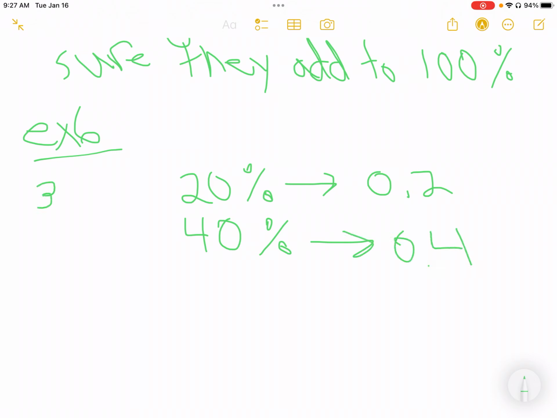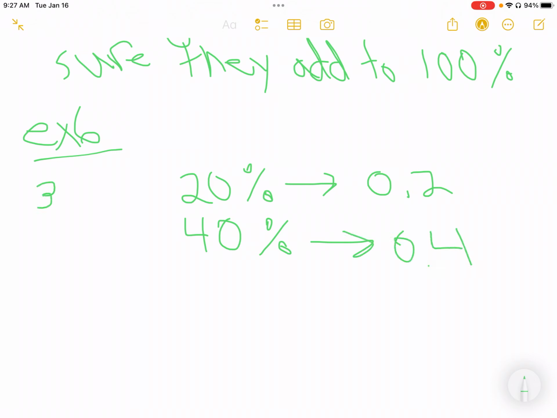So let's make sure those add up, right? So I have 0.2, 0.2, 0.2, and then I have 0.4. If I add those up, 2, 2, 2, and 4, that gives me 1 or 100%, right? Okay, so now let's look at the score.